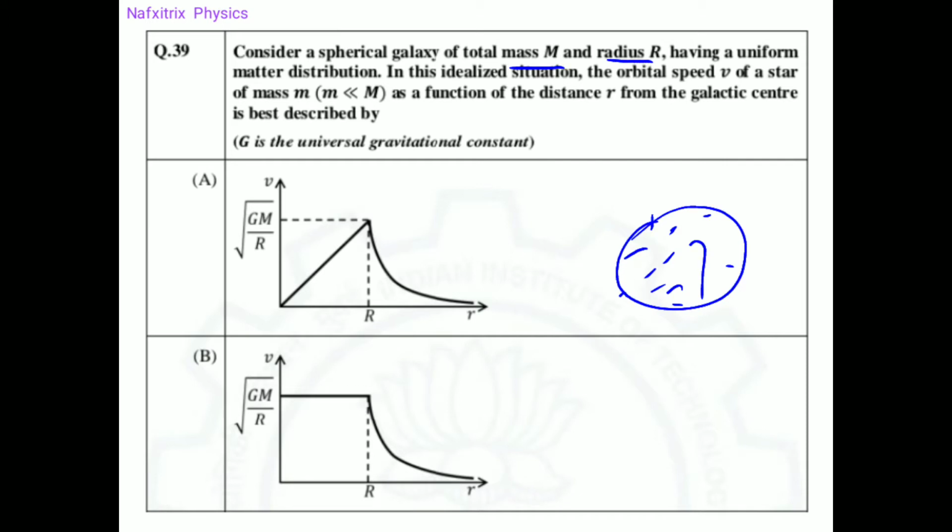Regarding uniform matter distribution, actually you cannot say that the stars are present at uniform distance and of equal masses. Some stars might be very massive, some very less, some might be much farther away from other stars. Sometimes the stars might be gathered together. Actually, in general, uneven distribution of mass will be there. But here we have to consider it as a uniform distribution of mass.